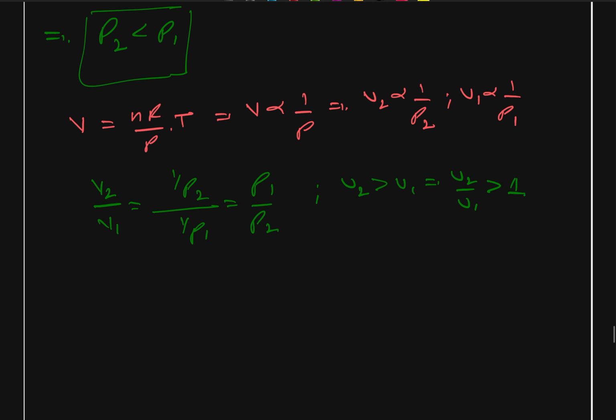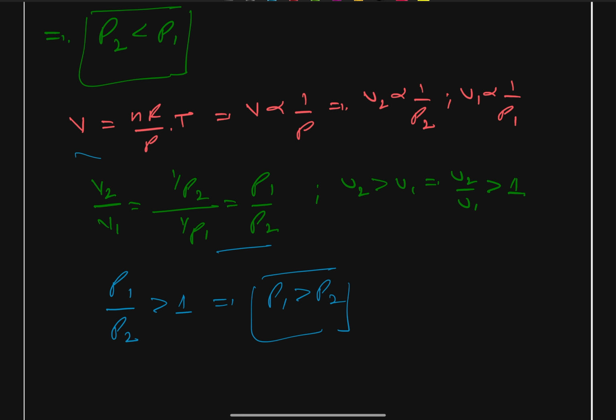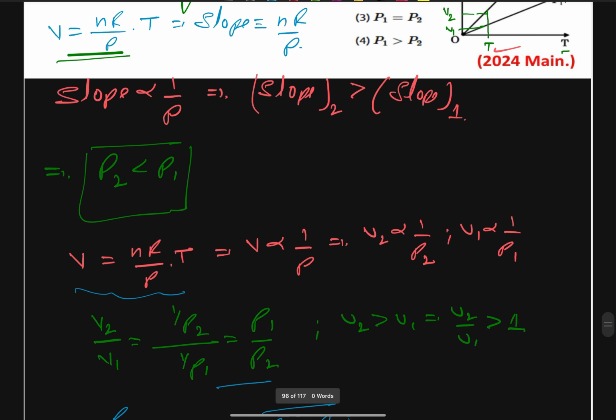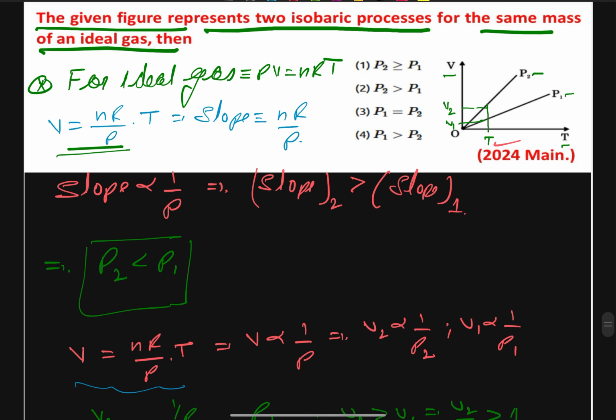Therefore, we substitute it here, we get that P1 upon P2 is greater than 1. Therefore, we can say that P1 is greater than P2. This way we can also solve it. So we know that P1 is greater than P2. So option 4 is correct.